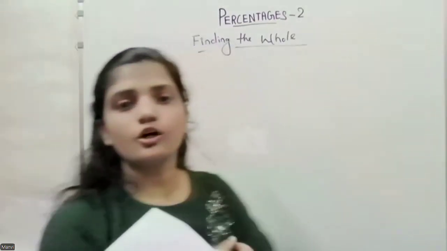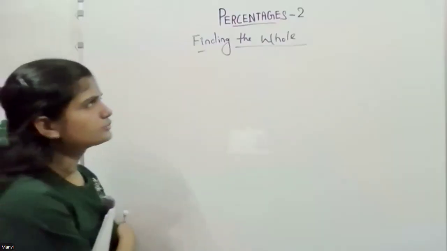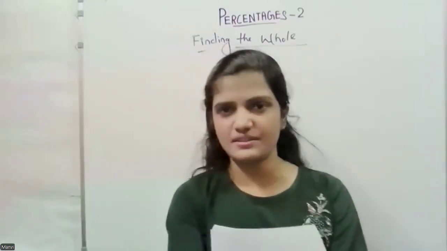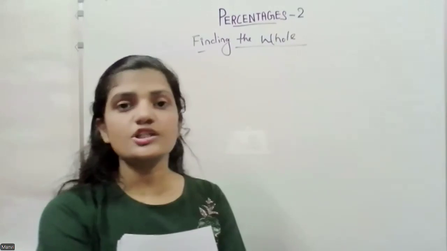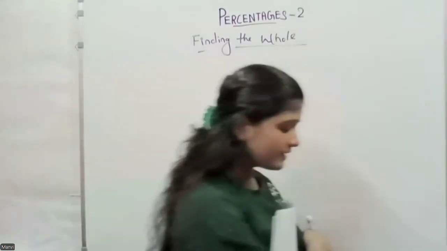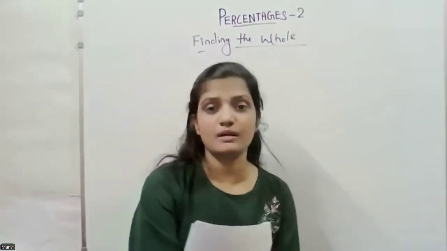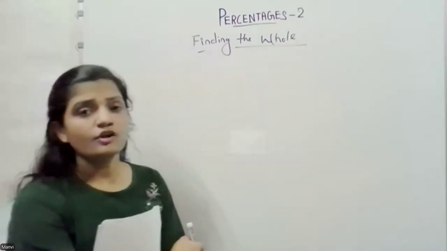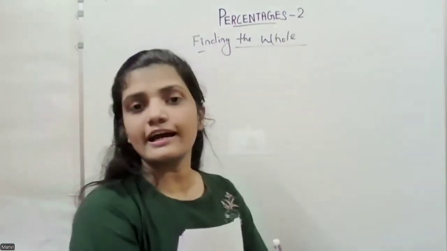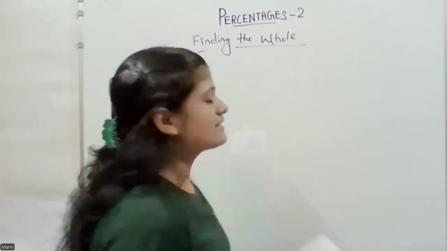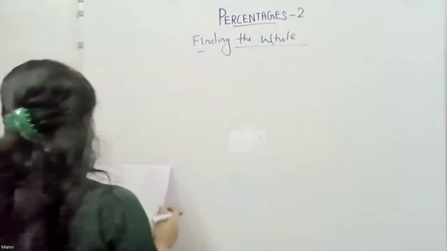So how do we find the whole? It is actually very easy. There's another way, which is by using algebra, but here we are not using algebra. We are using the easier approach and finding the answer in a quicker way.